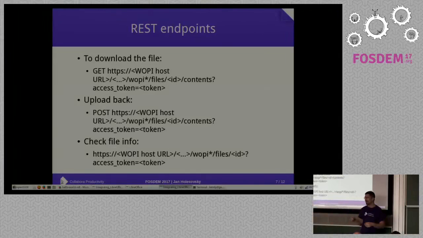Access token is something that makes sure that the user actually has rights to access the data. So it is something that is issued by your web application that controls the access. LibreOffice Online never asks for a password because it is not its responsibility.